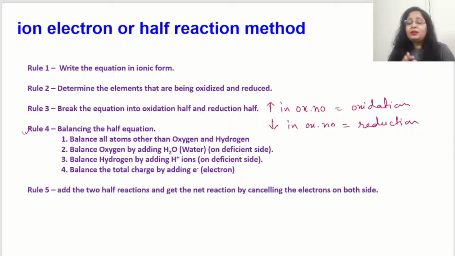We will check the total charge also, and we will add the electrons where needed. The last rule is, now add the two half reactions and cancel the electrons. After that, we will get a completely balanced reaction. Okay, this is the rule. Let's start the example and we will recall the steps of the rule one by one.